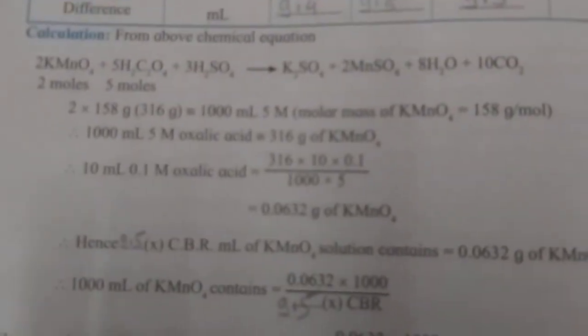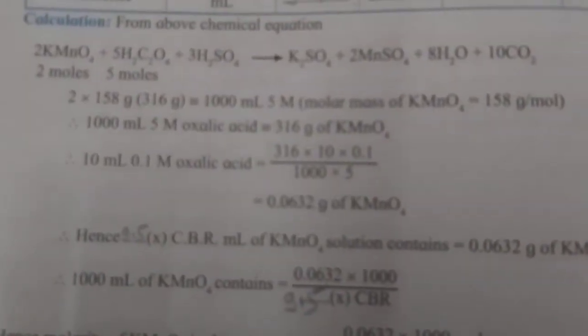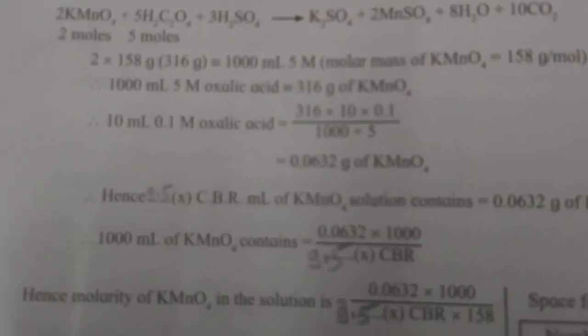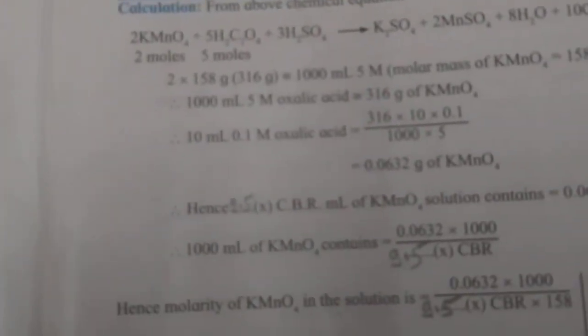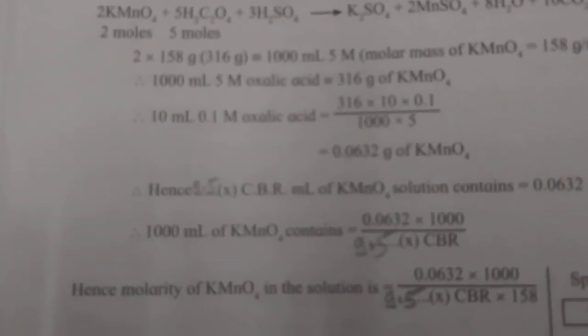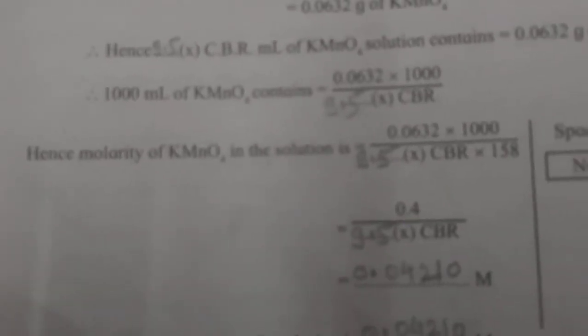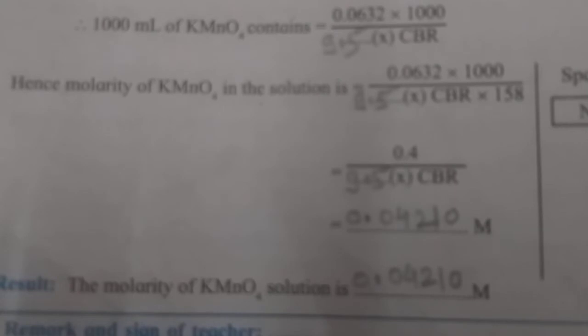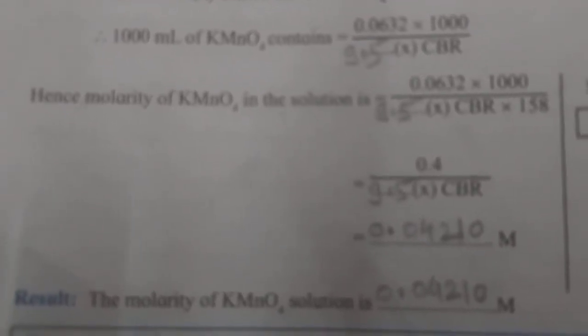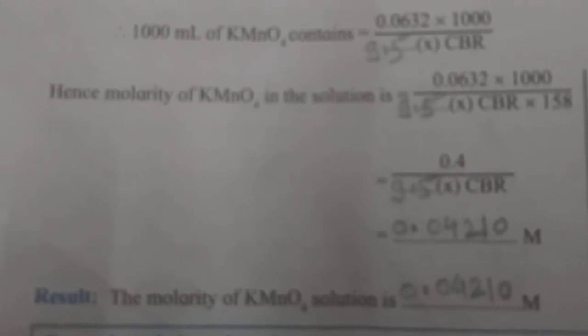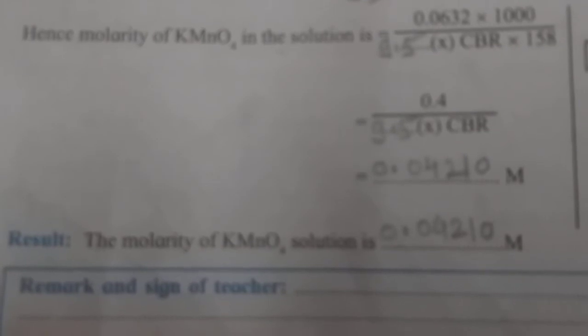In the calculation, take this constant burette reading 9.5 and put it where the x is given, and in the last step divide 0.4 by 9.5 and the molarity is 0.04210. Write the molarity of KMnO4 solution as 0.0421 molar in the result.